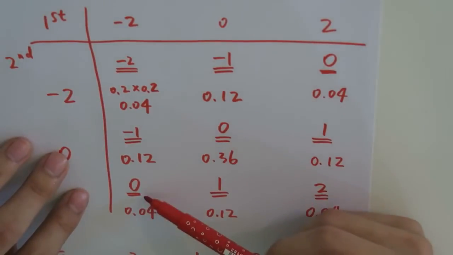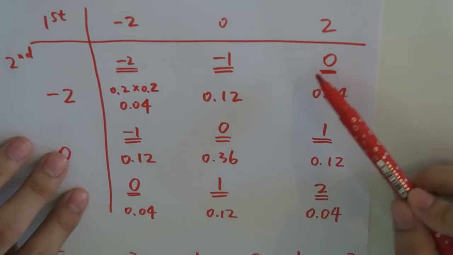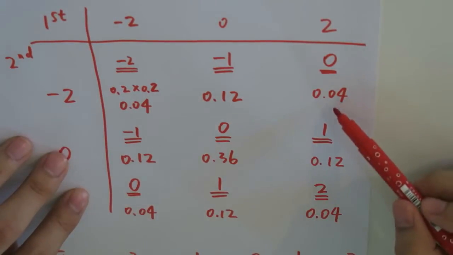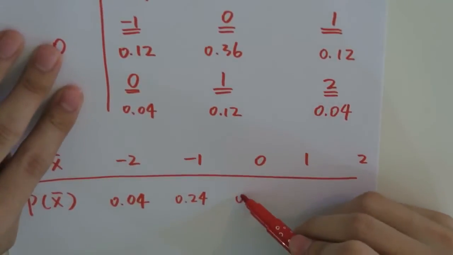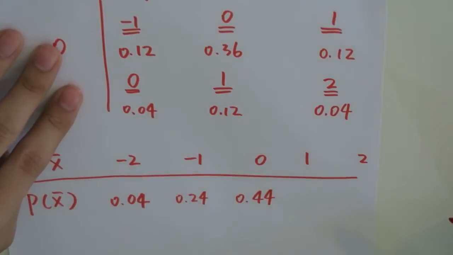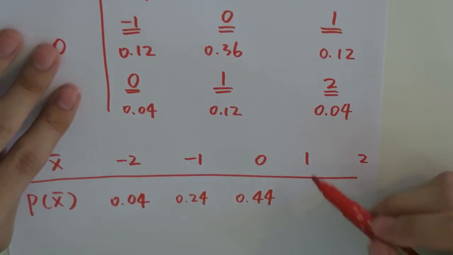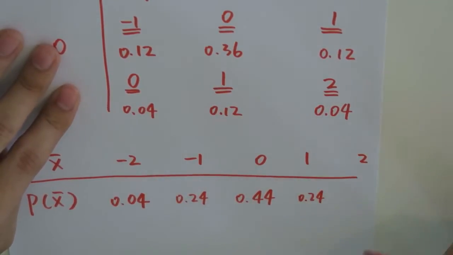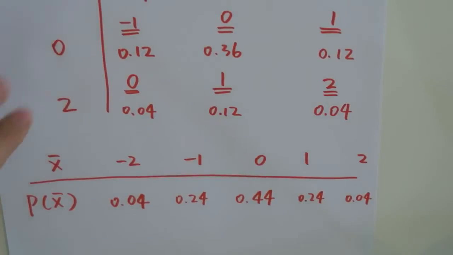We sum over these three values, we get the probability, which is 0.44. Then in the same way, we get the probability for 1, 0.24, and the probability for 2 is 0.04.